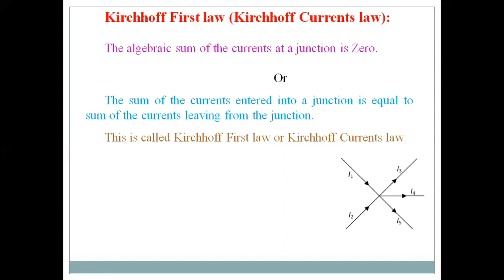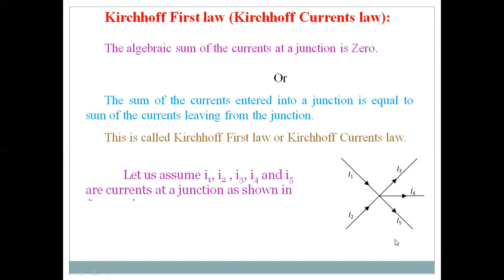In this case, the sum of the currents entering the junction, that is I1 plus I2, is equal to the sum of the currents leaving the junction, that is I3 plus I4 plus I5. So I1 plus I2 is equal to I3 plus I4 plus I5. This is the application of the Kirchhoff First Law.